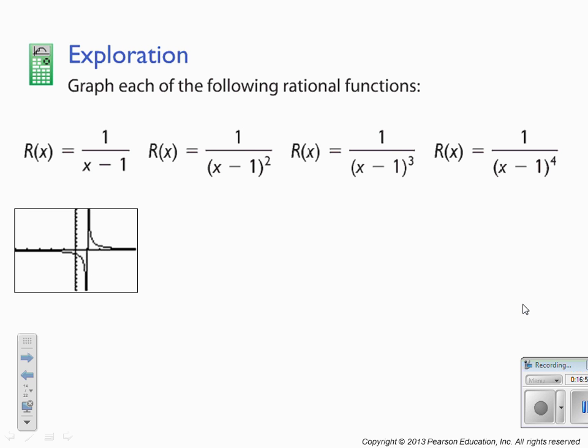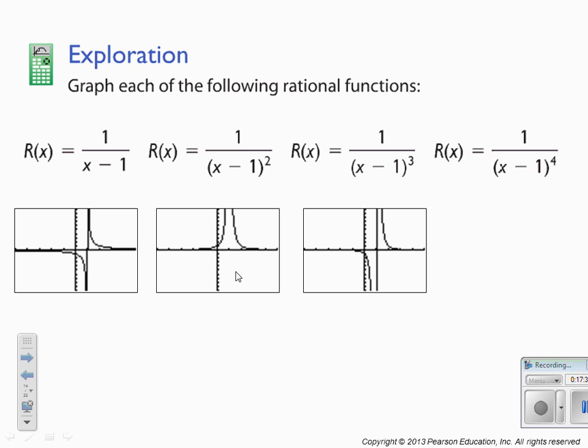If we graphed each of these guys, 1 over x minus 1 has a vertical asymptote at x equals 1. If I go 1 over x minus 1 squared, it takes this part where there were negative values and pops it up above the x-axis. 1 over x minus 1 cubed still has a vertical asymptote at x equals 1.